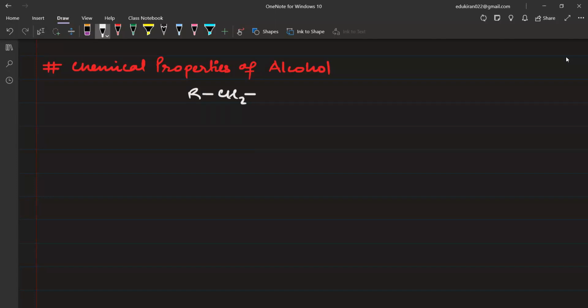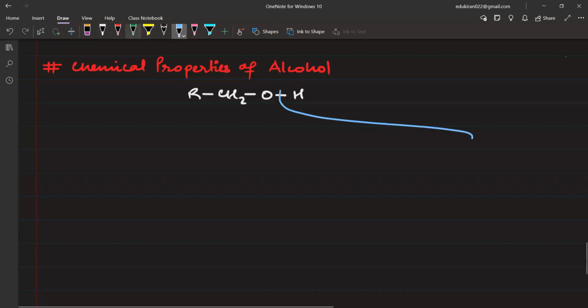If you look at our CH2OH, the alcohol, there are two types of reactions that alcohol can show, and it can break two types of bonds. It can either break this OH bond, or it can break this carbon-O bond, and it will show two different types of reactions.